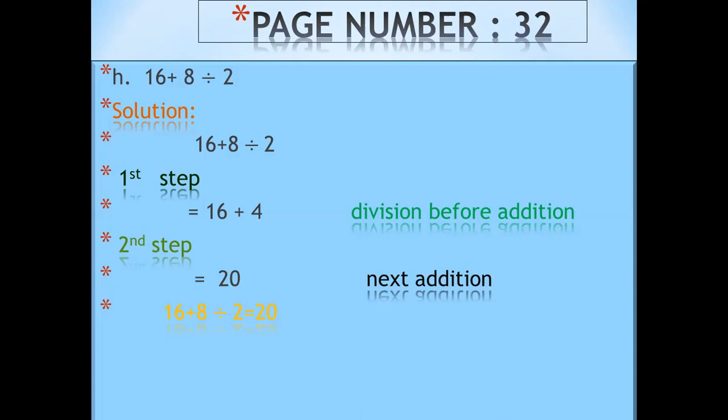Now we add the number 16 plus 4. 16 plus 4 is 20. 16 plus 8 divided by 2 is equal to 20. This is our required number.